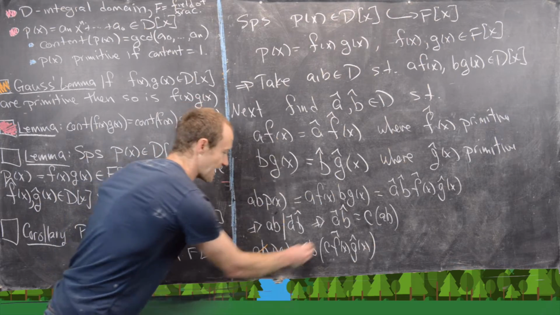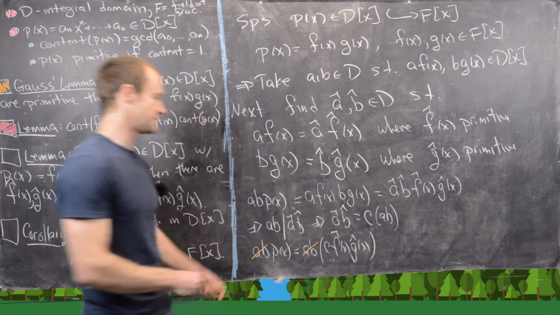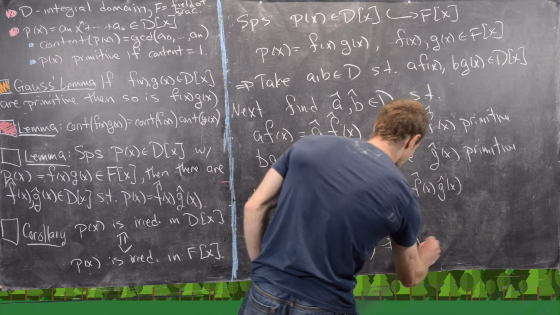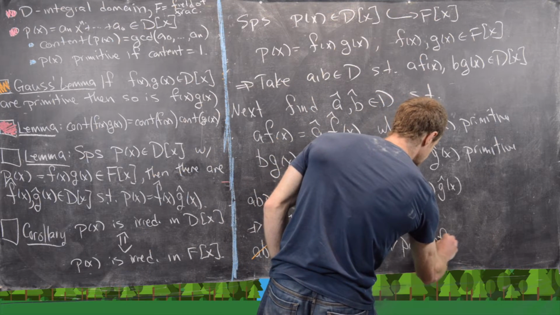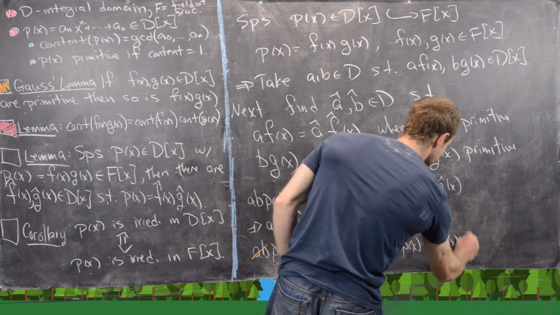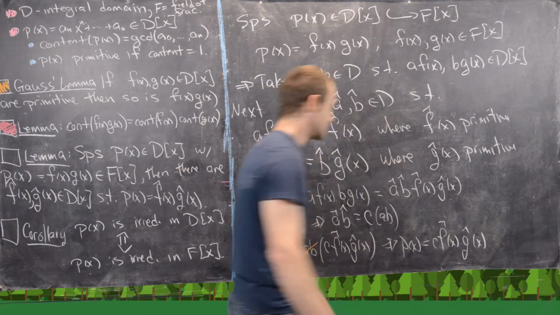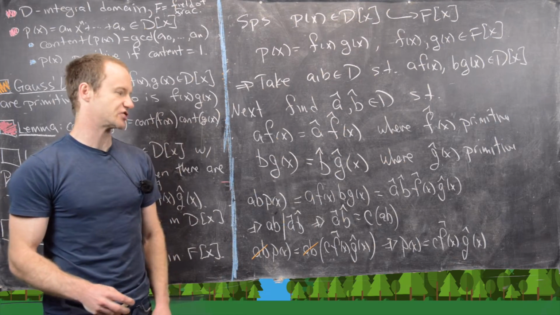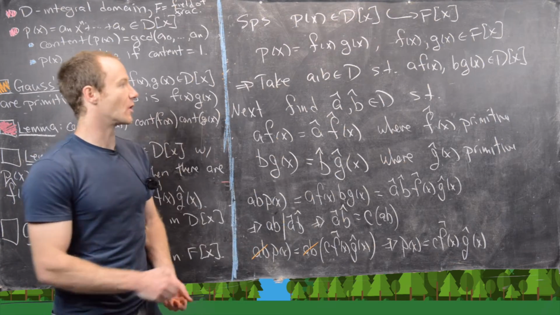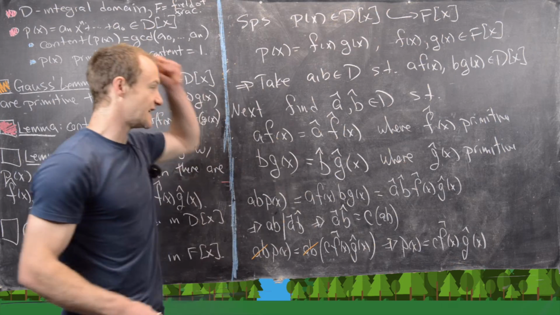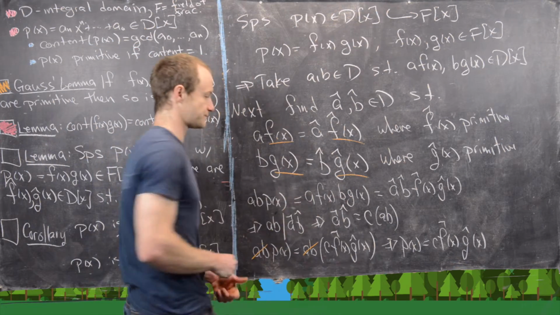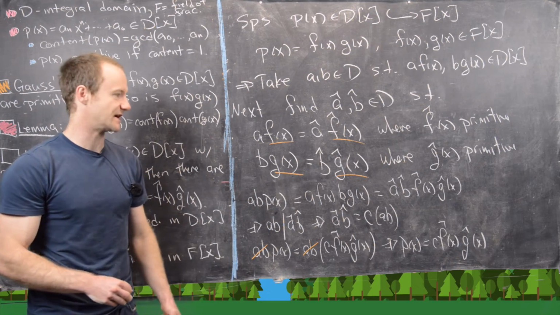So we can cancel the a, b from both sides. And notice that gives us p of x equals c times f hat of x times g hat of x. So we have our factorization, which is all happening within D adjoin x. And furthermore, we know that the factorization involves polynomials of the same degree. So that's important to keep in mind as well.